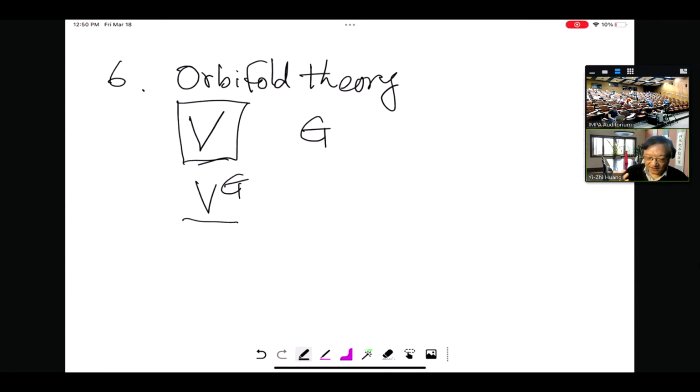So a natural way of thinking about the orbifold theory is to try to prove these properties for the fixed point subalgebra. This is certainly a natural thing to do.